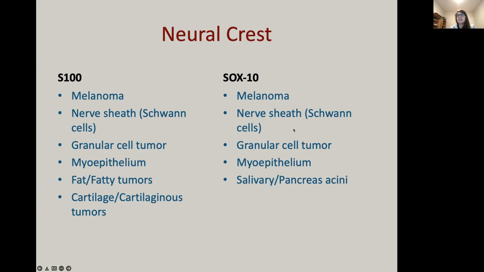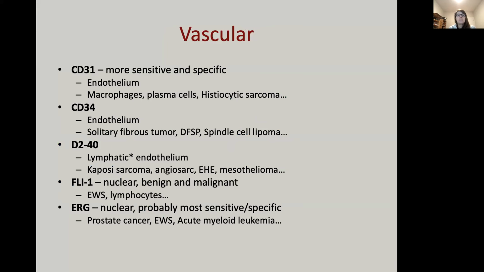Salivary and pancreatic acini can have SOX10, not just in the myoepithelium, but also in the actual acinar cells. So keep in mind that these are not 100% specific, but perhaps can be regarded in certain circumstances as sensitive.